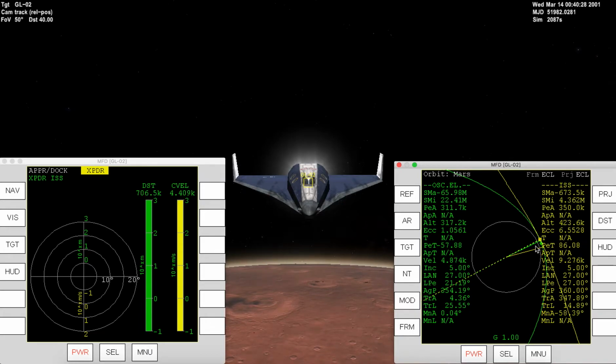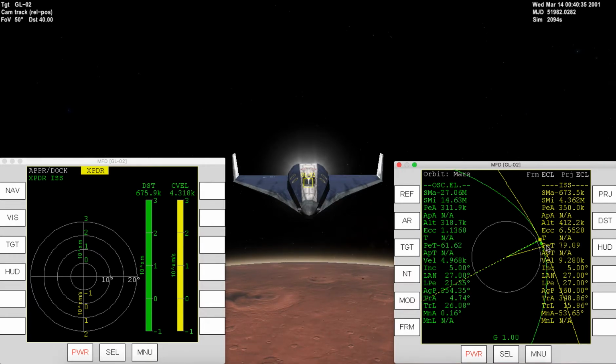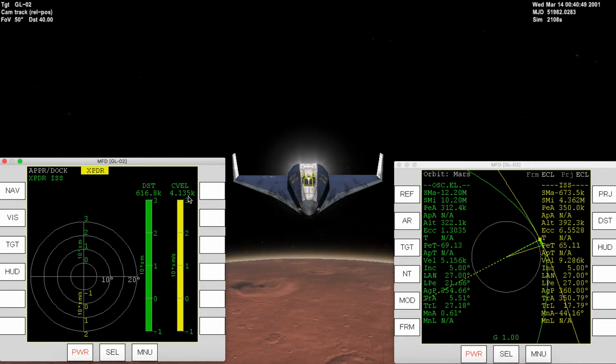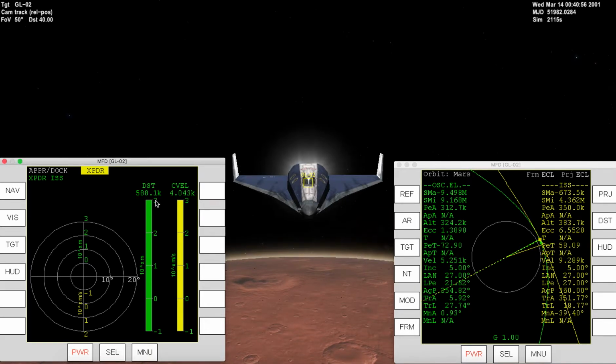It's approaching this periapsis point for the Hermes orbit, and the yellow line points to where the ISS is at the moment, and it is indeed considerably behind us. Now it's going to catch up. It's doing, relative to us, currently 4.2 kilometers per second speed. So it's catching up with us at 4.2 kilometers a second, and it's 600 kilometers away. So it's only 600 kilometers. It's not really going to take very long for it to make up that distance at all.